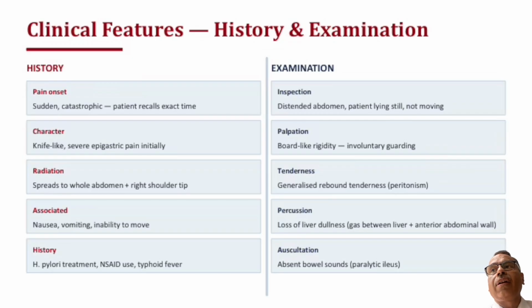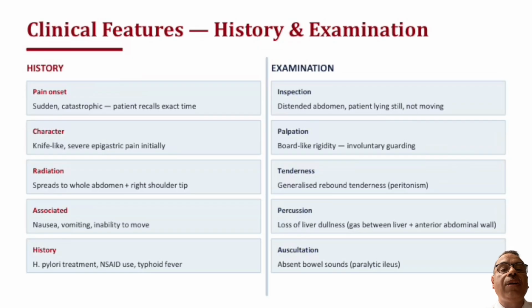If it is in the lower gut, say in a colonic perforation, then the pain may be lower down initially. The character of pain is described as knife-like severe pain depending on the site of the perforation, and gradually it spreads to the whole abdomen, and the patient may also complain of pain in the right shoulder tip.